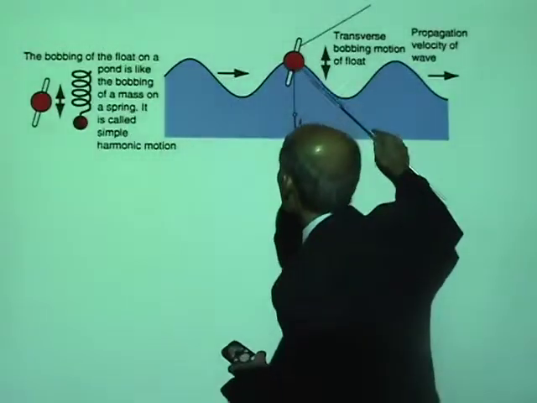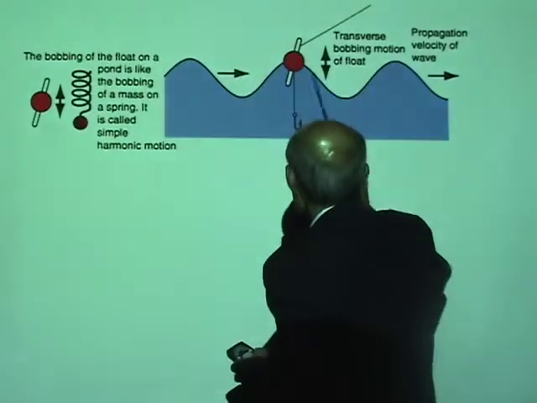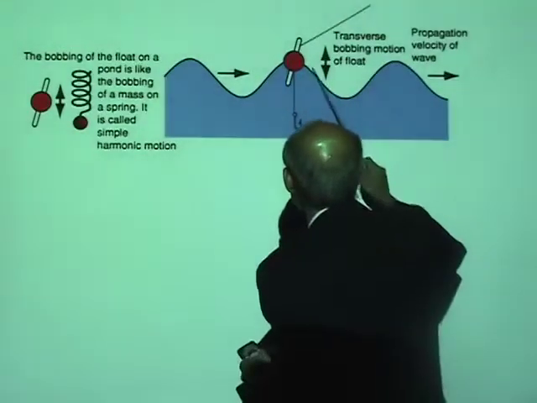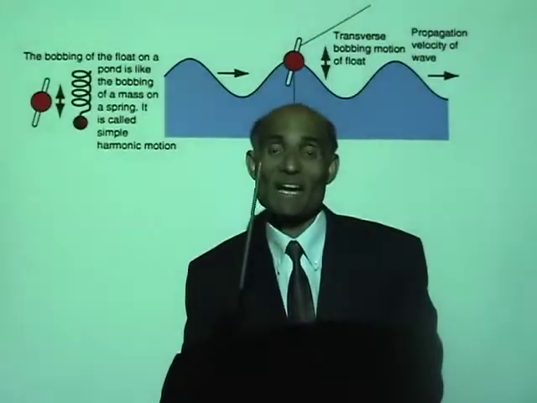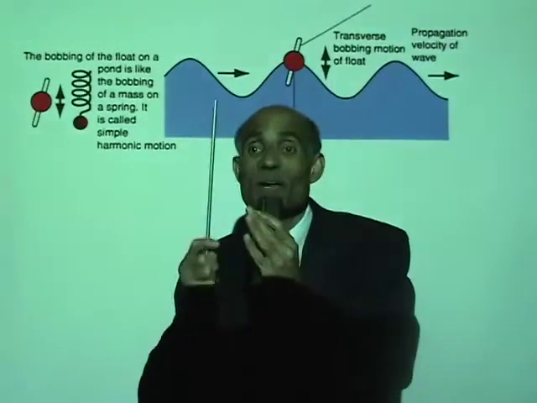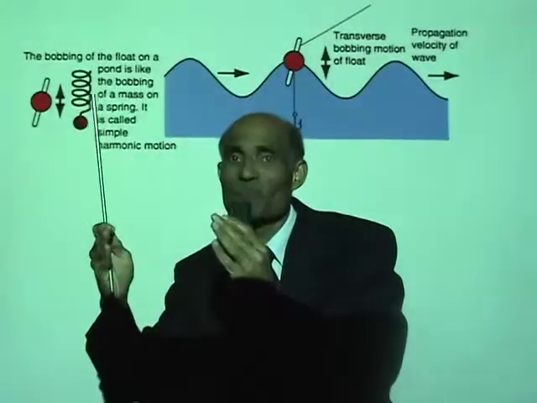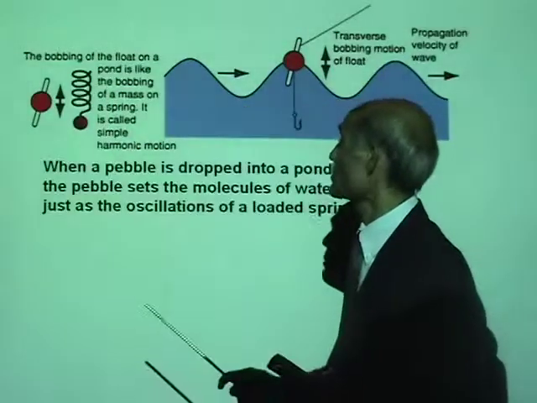The water particles simply move up and down. The energy of motion will advance. You see, the wave profile you see is due to the fact that every particle in water will vibrate a little later. And that is how a wave profile is created.